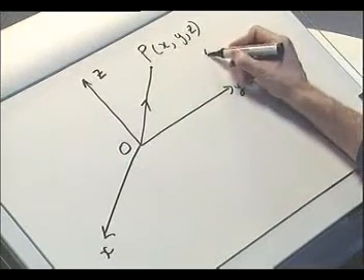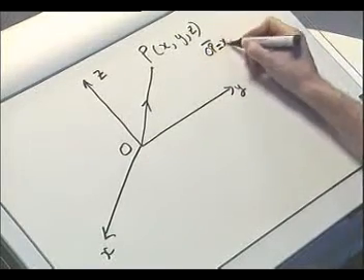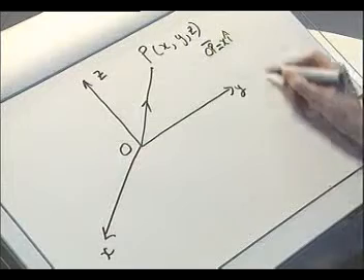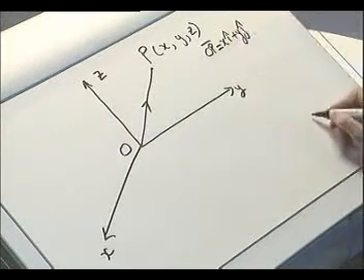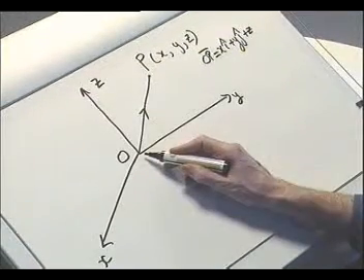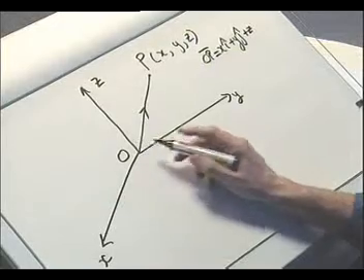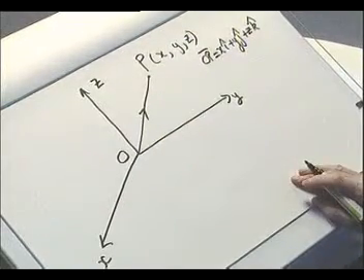And so we can write down OP bar is equal to xi plus yj plus z, and the unit vector that is in the direction of the z-axis is taken to be k. So again, notice the difference.